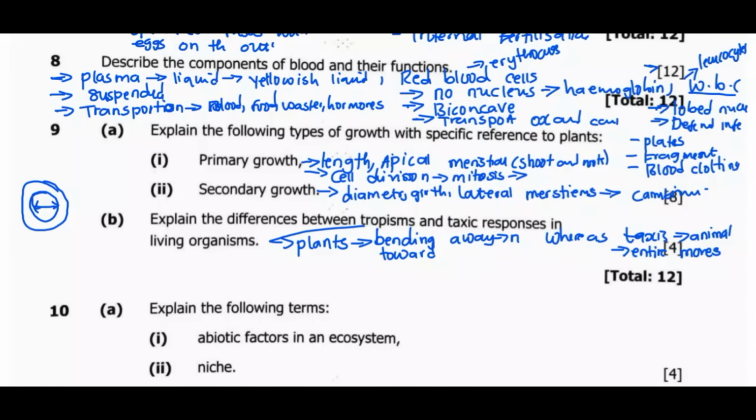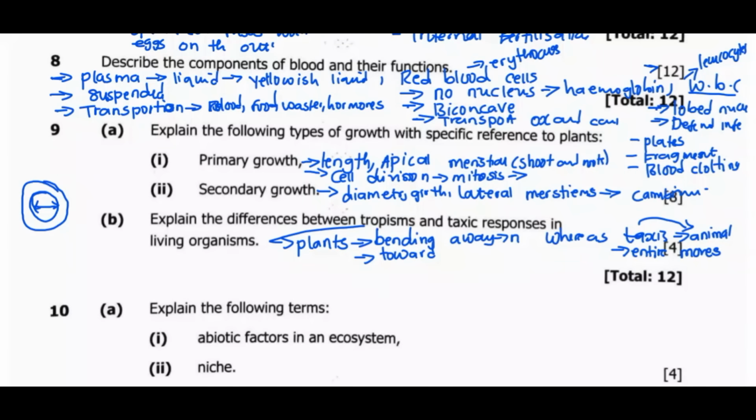Whenever you switch on the light, the cockroaches move from the presence of light to a darker region. So that is another taxic response. Taxic responses are found in animals and involve the entire body moving. Tropisms are found in plants, and only a certain part will respond.